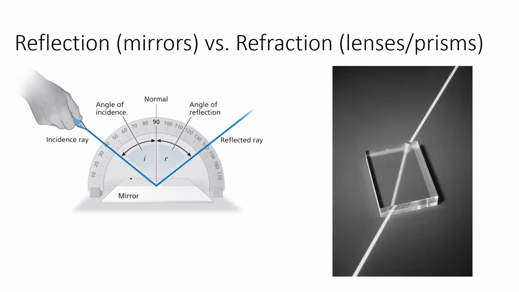When we talk about incoming light, we're always going to talk about it being incident, or the incident light, the incoming light. Those are interchangeable words. And so the light coming in is always our incident ray. And then if we have a flat mirror, right, that's the assumption here, that our mirror is perfectly flat, then I is equal to R. The angle of incidence is equal to the angle of reflection.